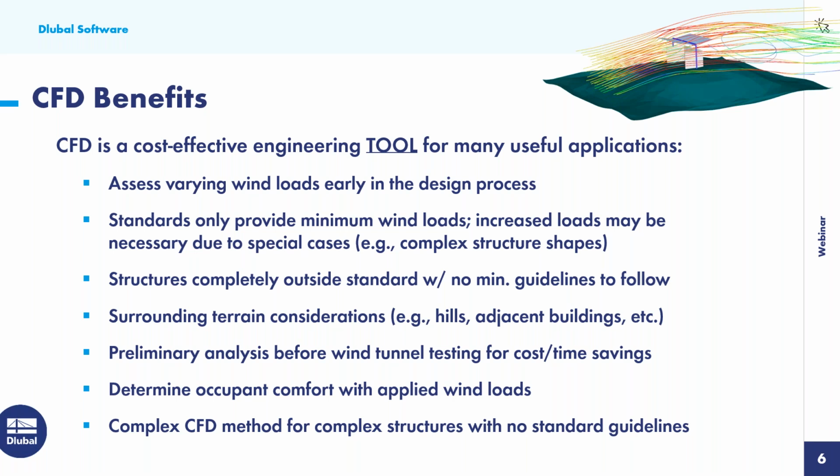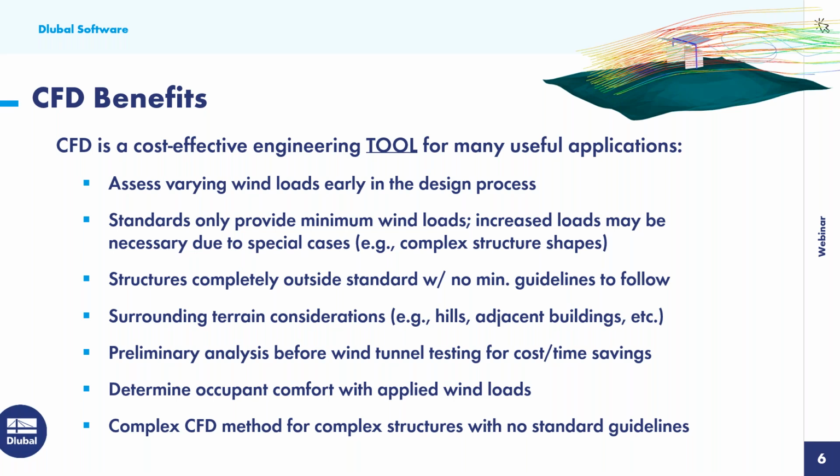We also can take into consideration surrounding terrain or objects. So if we have a very complex terrain with many hills, maybe adjacent buildings, and we want to see how that impacts the wind flow on our structure, we can use CFD. Now, for very complex and irregular structures, of course, the ASCE 7 says that we must run a wind tunnel test. Well, we can use a program like RWIND as a preliminary analysis before we move on to the true wind tunnel test.